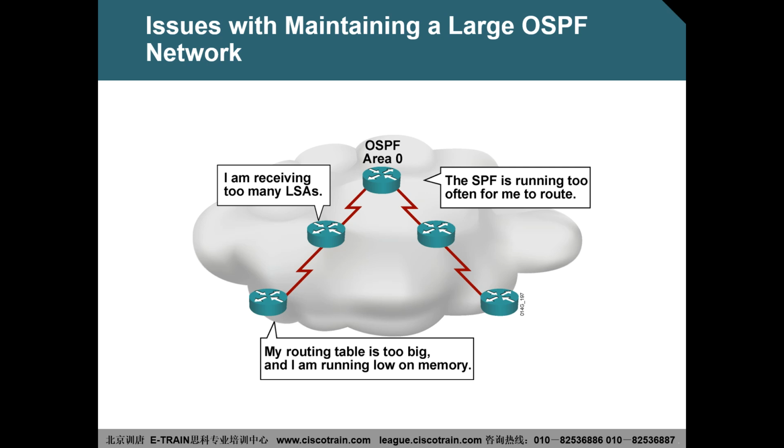The reason we have different areas is so that each area can have some isolation from other areas. In other words, if any change happens in one area, that should not impact another area.